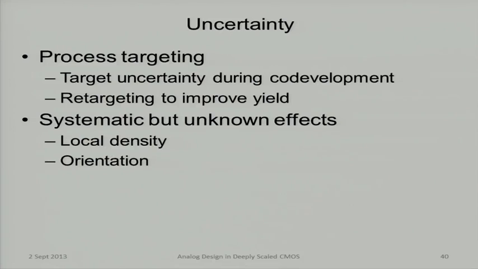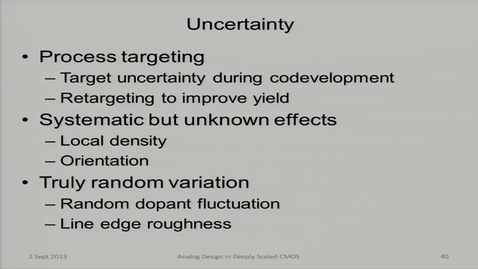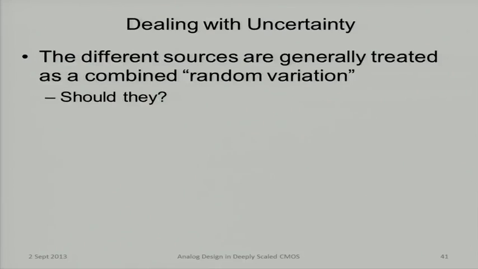There are orientation effects. If I take a device and I flip it, it's a different device. As an analog designer, a digital guy will say, nah, it's still a transistor. But these things matter. And then there are truly random effects, random dopant fluctuation, line edge roughness, that are very local, truly random. What do I do with all these things?